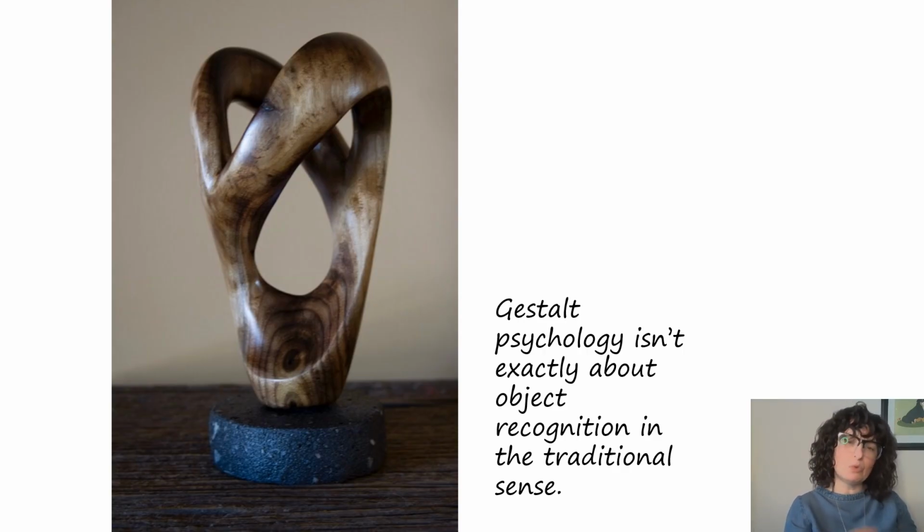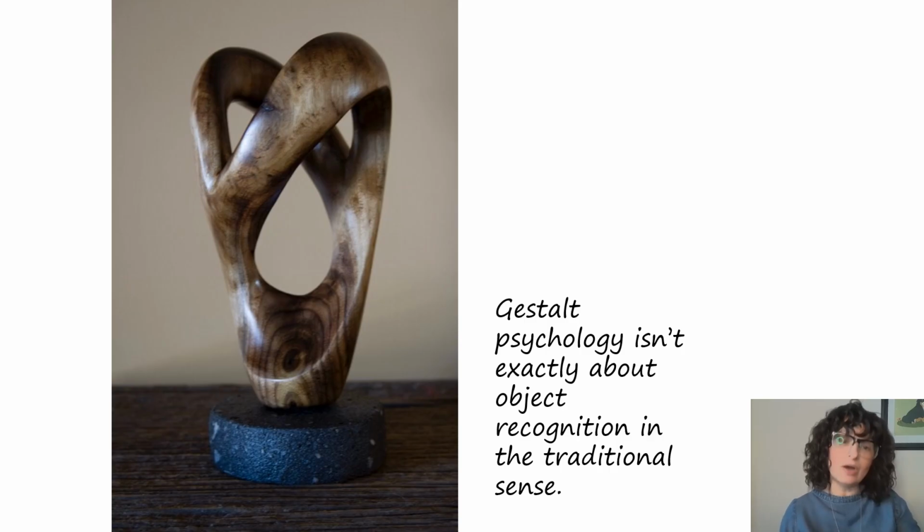It's actually more about recognizing that we are looking at an object which has a particular shape to it, and that there is a background to it, and that it's sitting on a surface and it has a base to it. The idea that we can recognize which parts of the scene go together and which parts are separate or background, that is essentially what the Gestalt approach to sensation and perception is about.